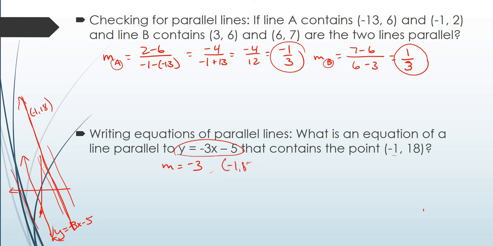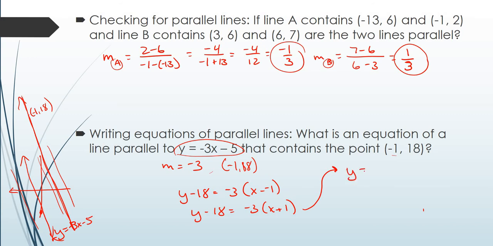So all I have to do is use point slope. y minus 18 equals -3 times x minus a -1, and I get y minus 18 equals -3 times x plus 1. To put this into function form, where we have y equals, I'm just going to move the 18 to the other side. And that's an adequate equation of the line.